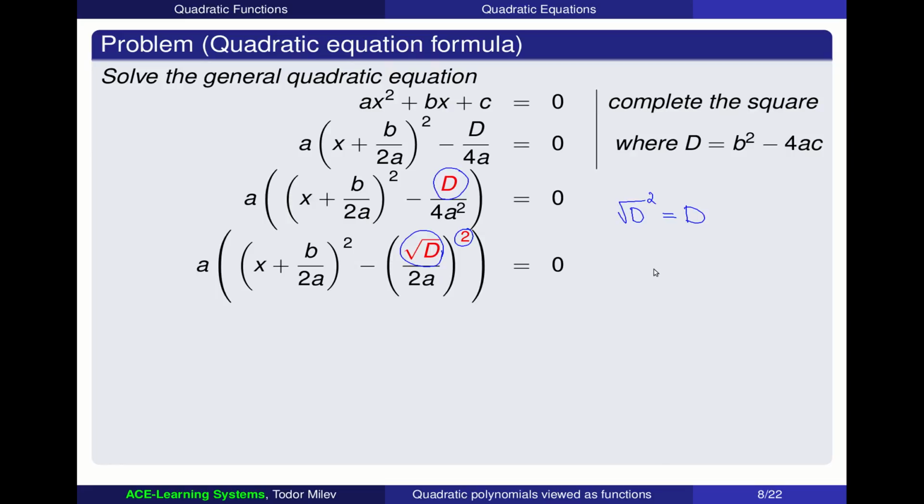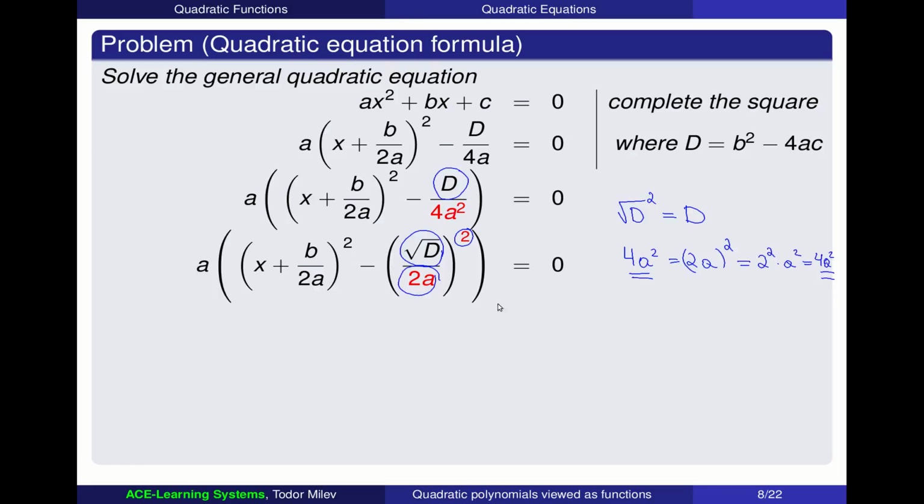And I have rewritten 4a squared as 2a, the whole thing squared, right? So 2a, the whole thing squared, that is 2 squared times a squared, which is 4 times a squared, which is exactly this 4a squared.